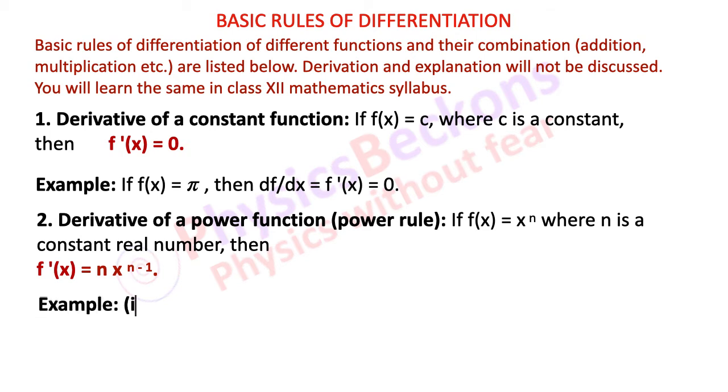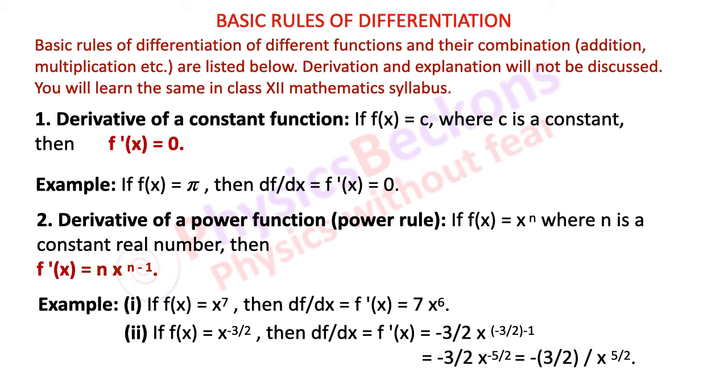Illustrative example, if f(x) is x to the power 7, then the differential will be f dash x equal to 7x to the power 6. Old power 7 multiplied by power reduced by 1. So in order to find the differential, we reduce the power by 1 and multiply it by the old power.